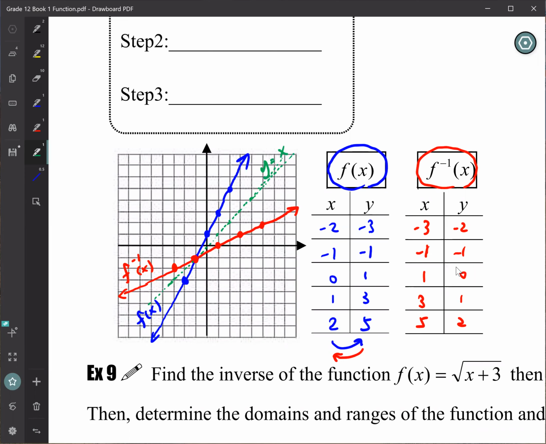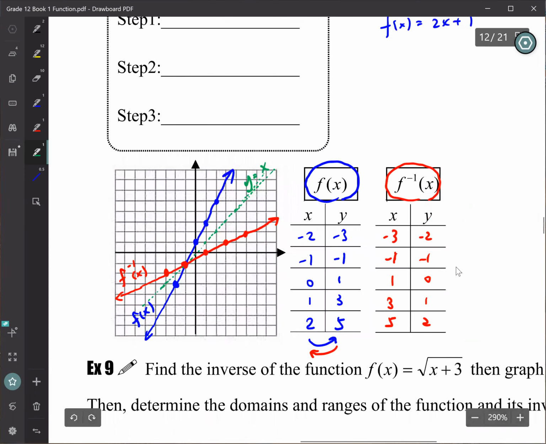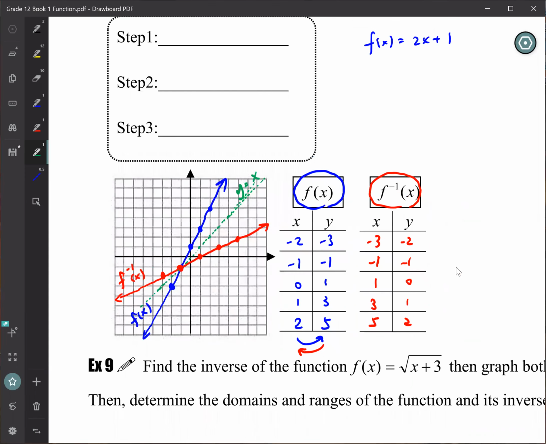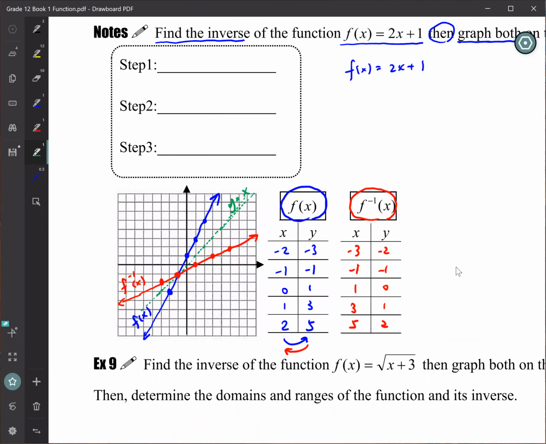For all inverses, they always reflect over there because this is right in between where they swap. If you swap x and y on the line y equals x, it still looks the same, right? So that's the line that never changes. Any questions so far?